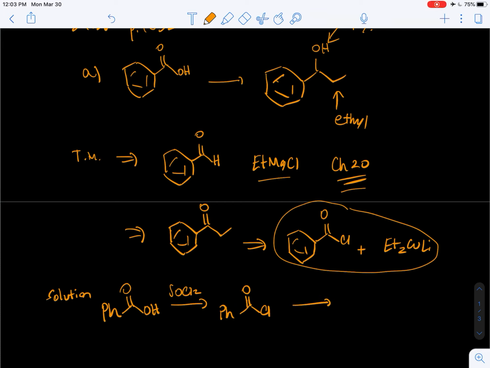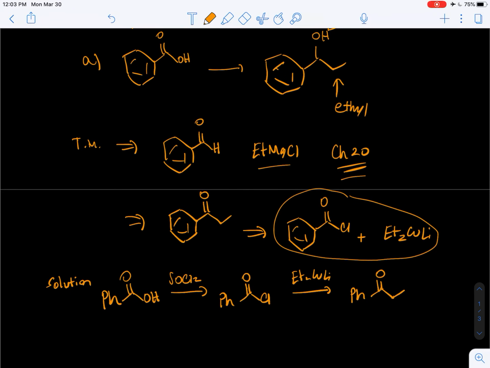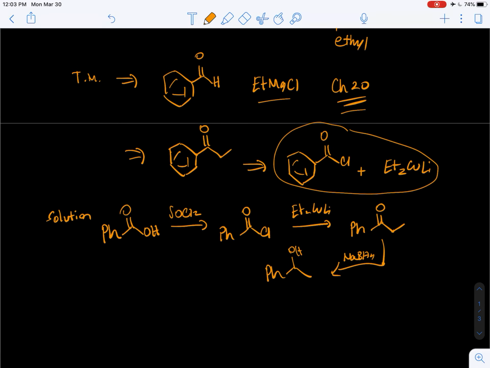Then I would treat this with my cuprate to give me the phenylethyl ketone, and then I would treat this with sodium borohydride to give me my target molecule. Okay, so that's 3 relatively simple steps. Okay, many of these synthesis problems are 3-4 steps, something like that.